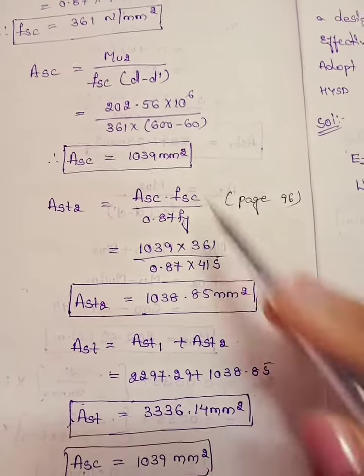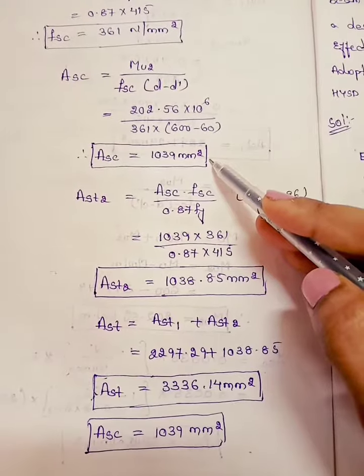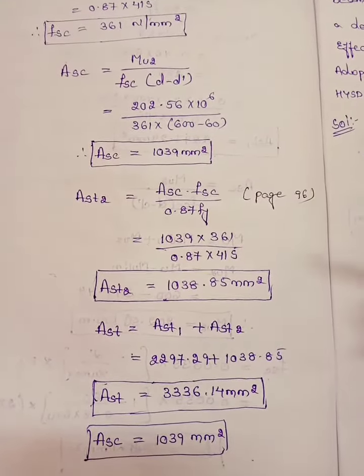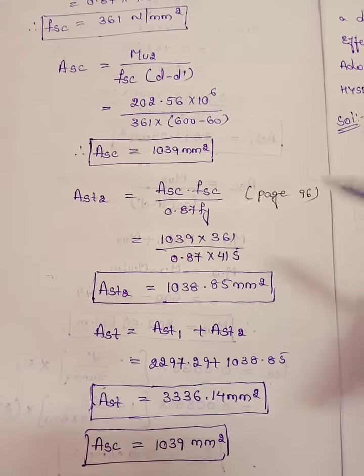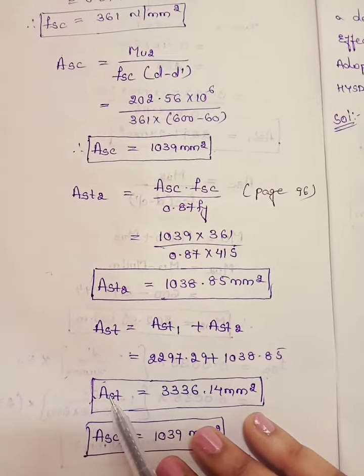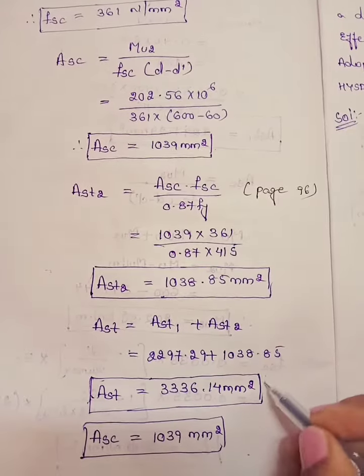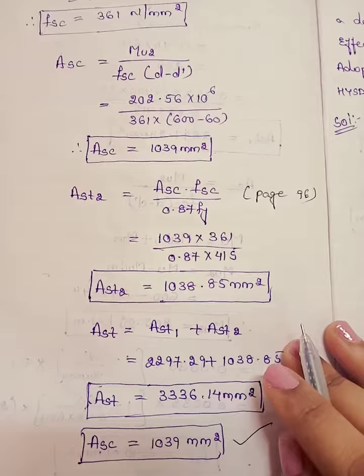And ASC, how much have we got? 1039 mm square. So what is asked in the question? Asked to find out the reinforcement, to design the reinforcement. So we have calculated area of steel in tension as well as in compression. So these two are the AST and ASC values.